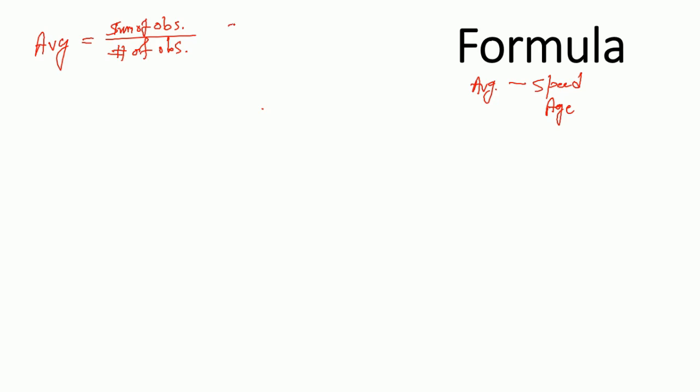So if I give you 2, 6, 8, 10 and tell you to make an average of these numbers, what you should do is add all of them together to get their sum and divide it by the total number, which in this case is 4, to get the answer. That's what average is all about. So this idea of average, we mostly want to talk about speed and age.